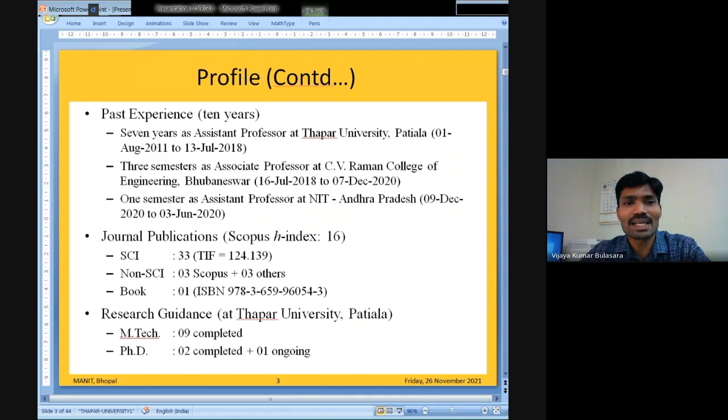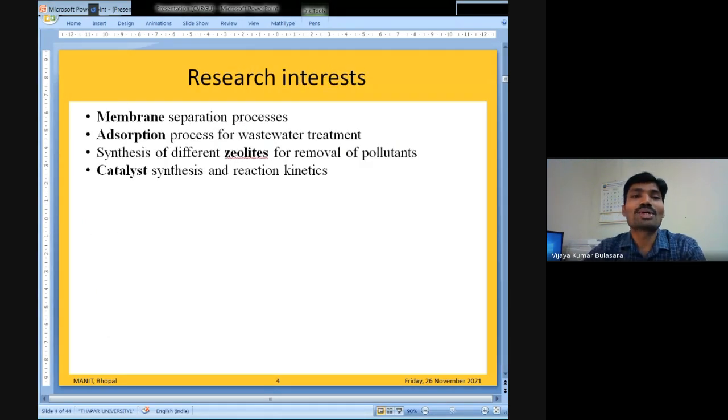I'm working on membrane separation processes and adsorption processes for wastewater treatment. Mostly membrane and adsorption both are related to wastewater treatment. I am also interested in catalysis, synthesis of different catalysts, and studying reaction kinetics. I also worked on the preparation and synthesis of zeolites, which are used in adsorption processes for removal of pollutants.